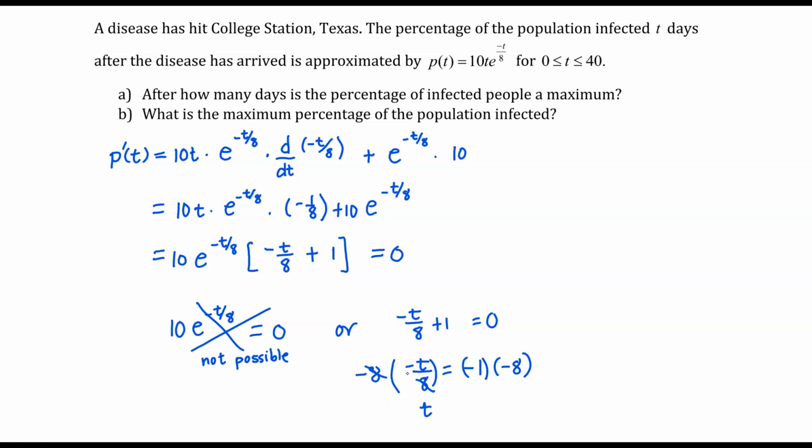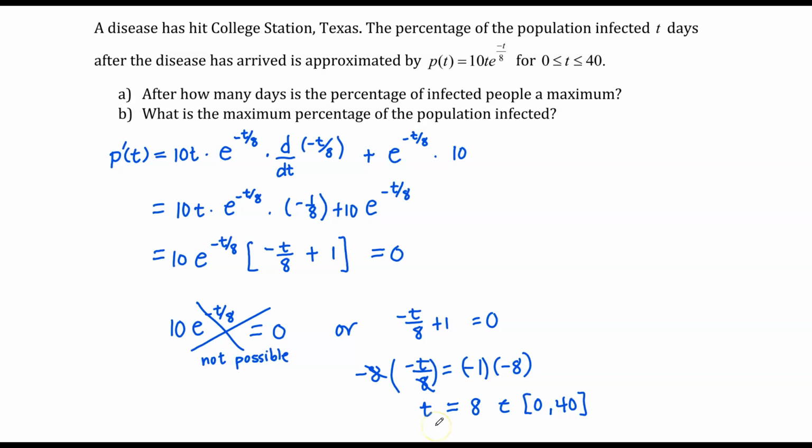So we have positive t here, and that is equal to negative 1 times negative 8, which is positive 8. And this t here is on the interval 0 to 40. So t is on the interval 0 to 40, and that's what we're interested in.